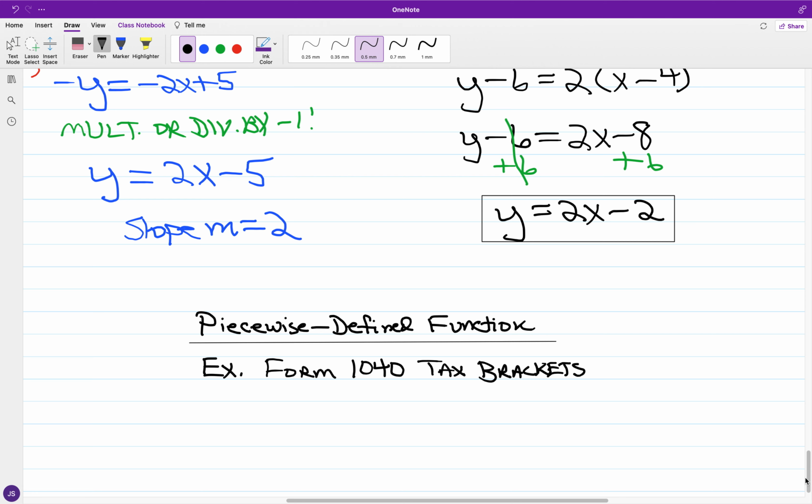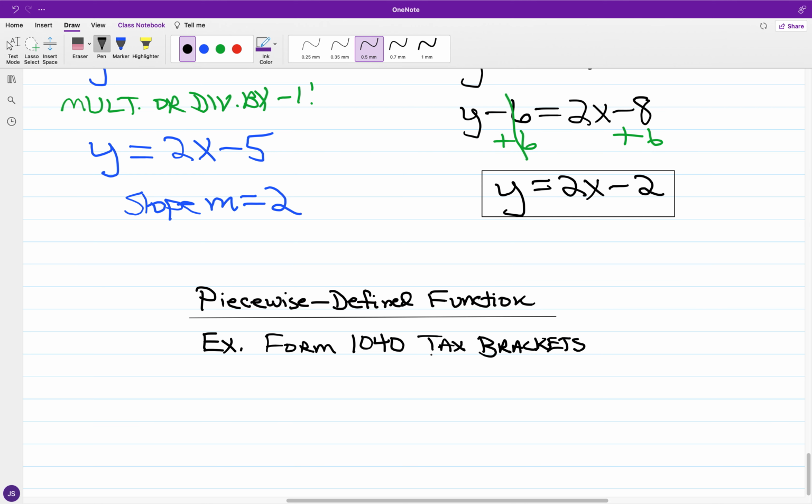Okay. And that could be various income levels, and again, just tax brackets. You might have some in the 10% group and some in the 24%, and so on. Okay, now for a piecewise defined function, the function can go in a few different ways or many different ways.